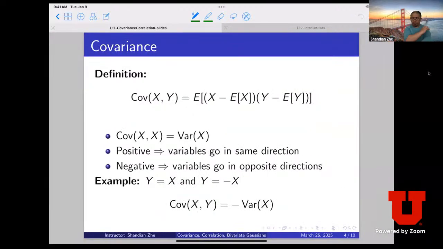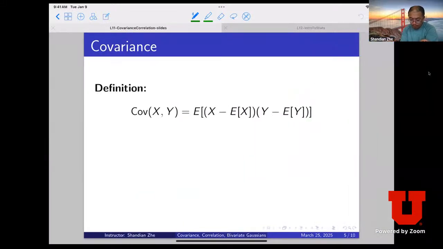So this is our original definition of covariance between x and y. But we have an alternative definition of covariance as well, which is probably more often used for calculation, proofs, and so on.